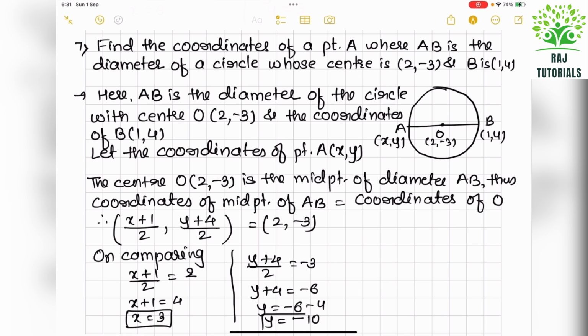So using section formula, that is section formula: (m1x2 plus m2x1) upon (m1 plus m2) comma (m1y2 plus m2y1) upon (m1 plus m2).